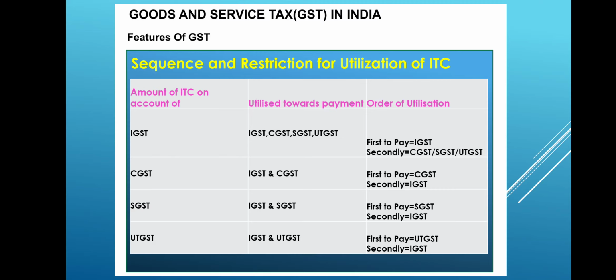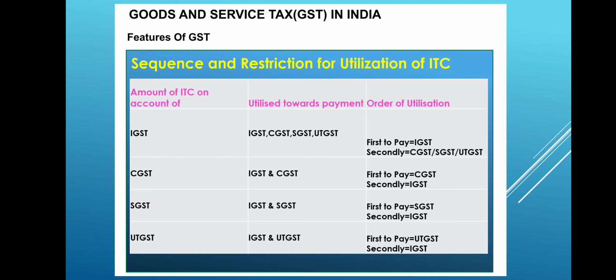Now, if we have a credit balance of CGST with the government, then we can utilize it towards IGST and CGST. If we have a balance regarding SGST, then we can use it for IGST and SGST. And if we have a balance regarding UTGST, then we can utilize it for IGST and UTGST.